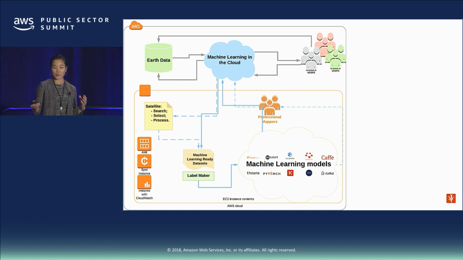We have multiple users who are going to use this data layer for agriculture, for environment, for climate change, and for monitoring hurricanes and volcanoes. There are so many uses of the data layer, and how are we going to trace back, search, select, and process a satellite image?